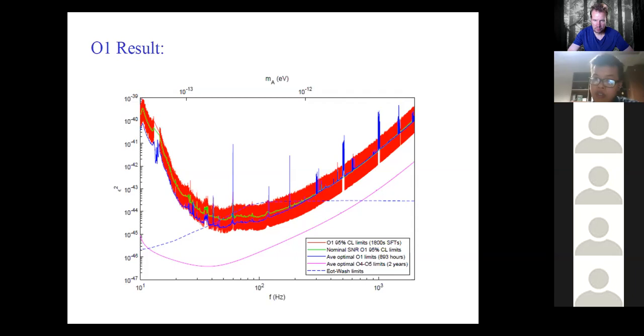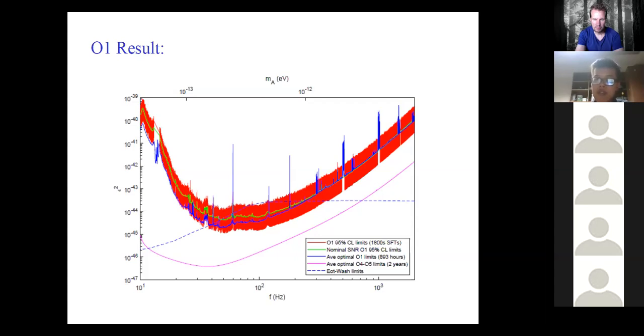The Eöt-Wash experiment doesn't rely on the fact that the dark photon is dark matter. So there isn't an intrinsic oscillation frequency. The LIGO experiment has this 100 Hertz, which is the oscillation frequency of the dark photon dark matter particle itself. But for the Eöt-Wash experiment, if it's just a fifth force experiment, it's a constant force. So it doesn't matter if it is a dark photon or not, right? That's right. In principle, this can also probe a fifth force like a scalar.